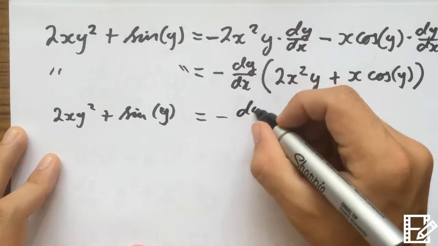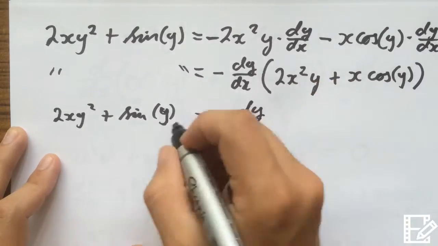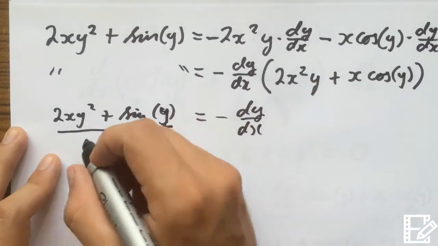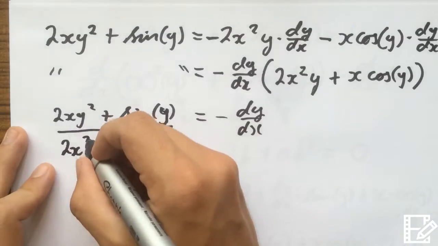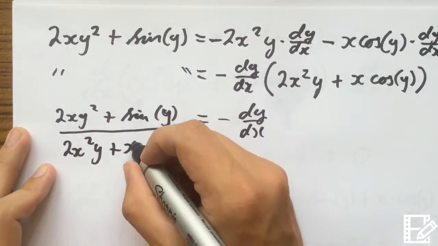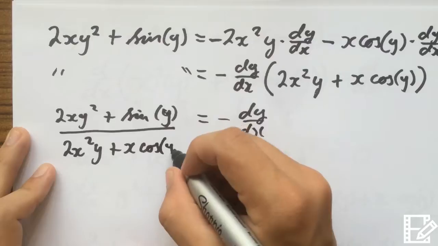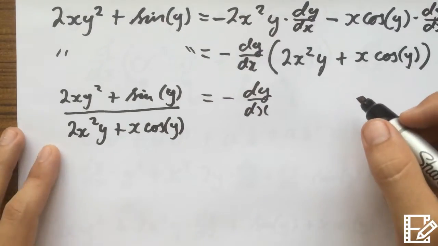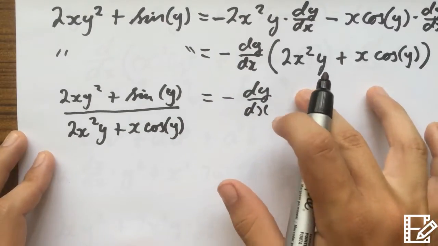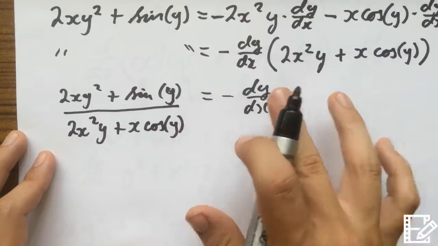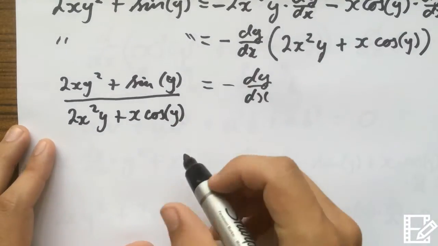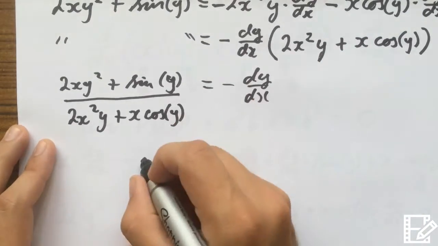So we'll have negative dy dx equals this over 2x squared y plus x cos of y. So what I did was just divided this by both sides, which cancels out on this side and leaves it on this side. Now, I'm going to rewrite this over here.